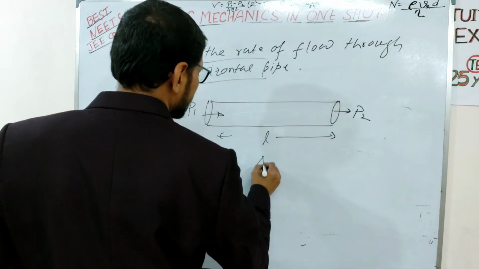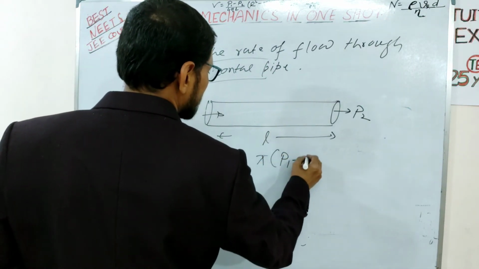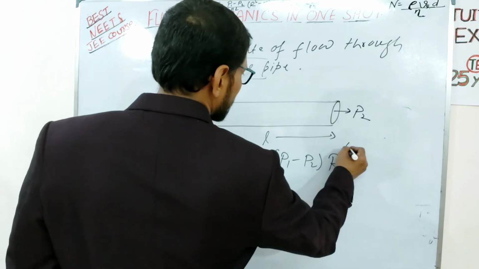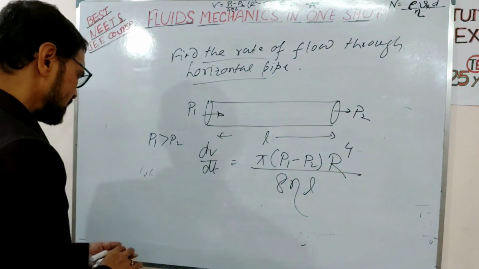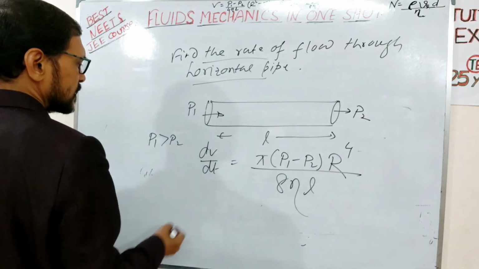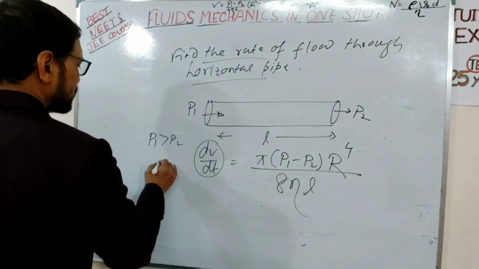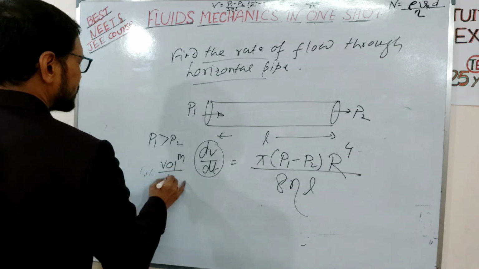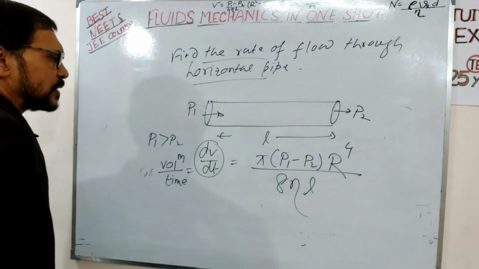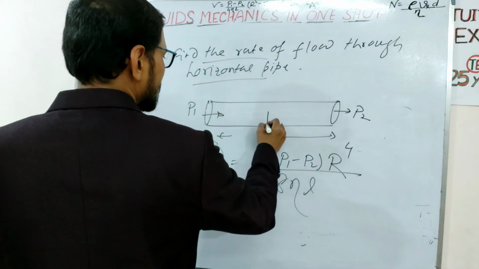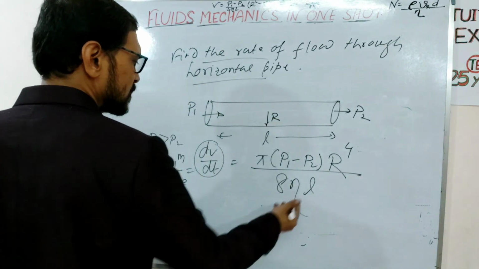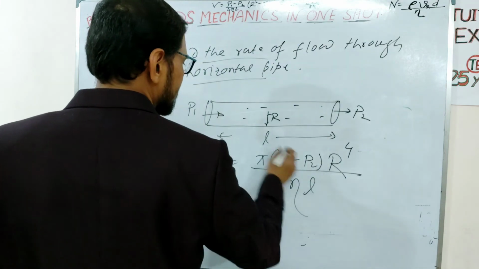This formula will be pi times P1 minus P2 times R to the power 4 by 8 eta L. This is the formula of rate of flow, that is volume by time. P1 minus P2 is called the pressure gradient, R is the radius of the pipe, eta is the coefficient of viscosity of the liquid, and L is the length of the pipe.